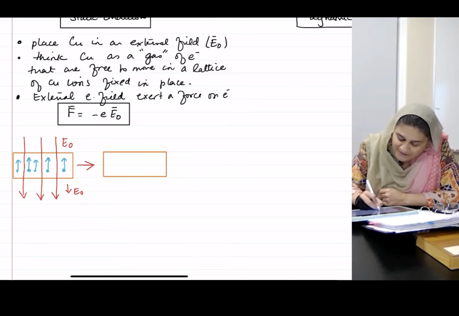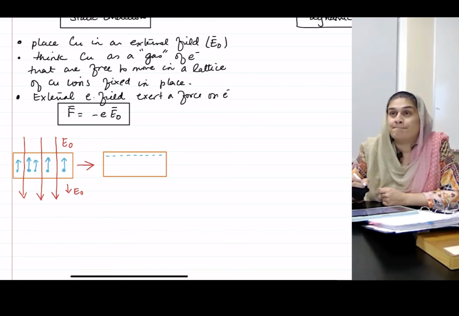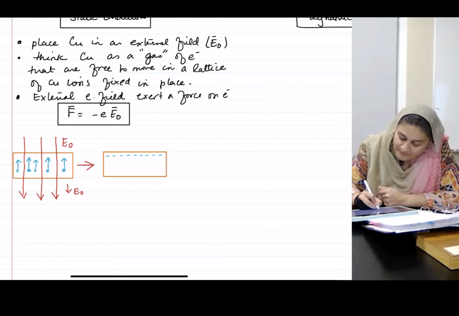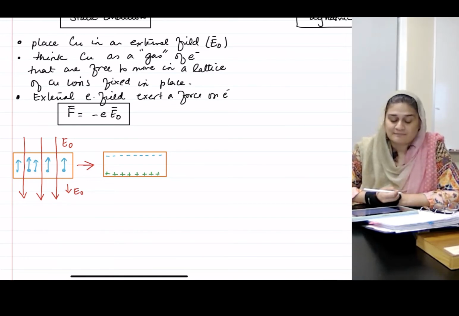Will there be an excess of electrons here? Which means what will be the charge at the bottom? Plus, because of the deficiency that the electrons created, correct?